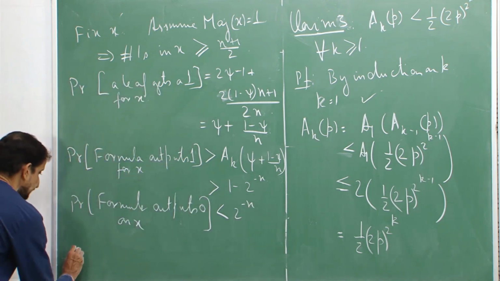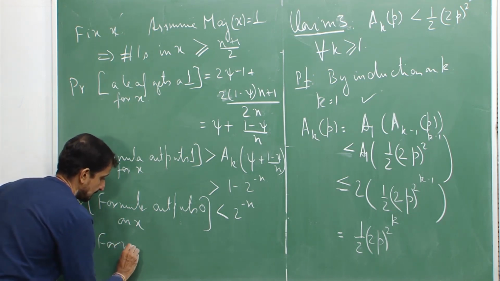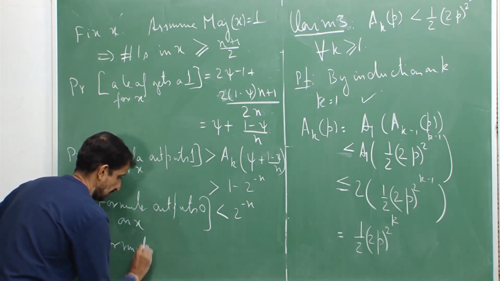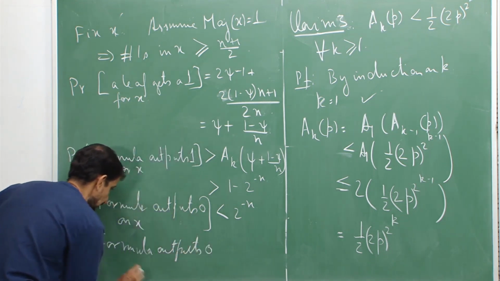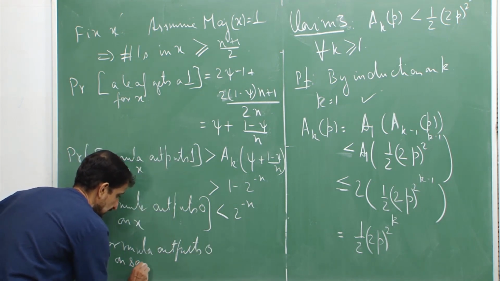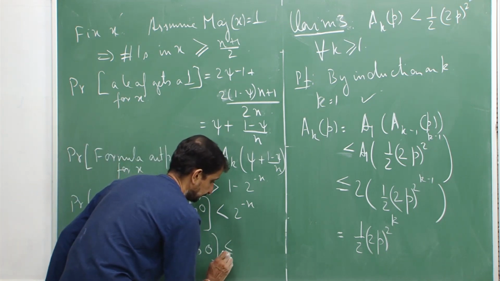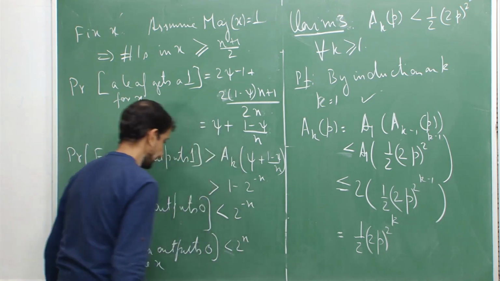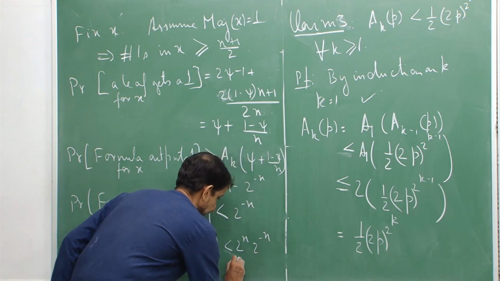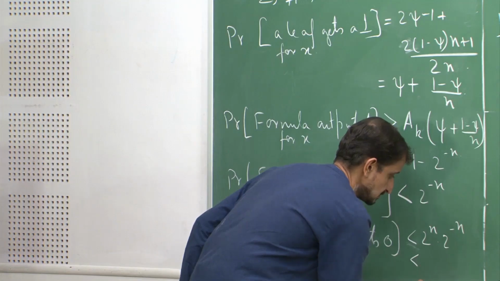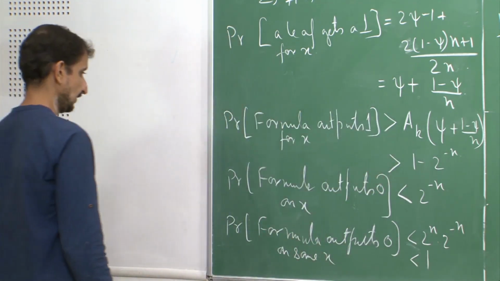Now, I just take the union bound. So, the probability that the formula outputs 0 on some x is at most, there are 2 to the power n many different x's times 2 to the power minus n, which is at most 1. Okay.